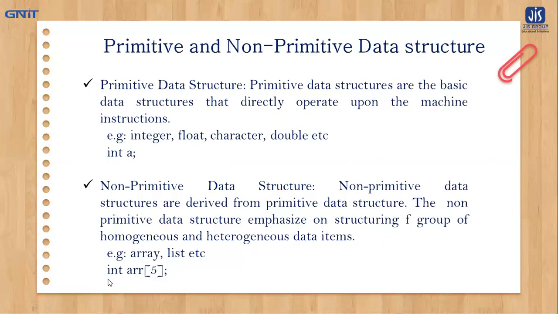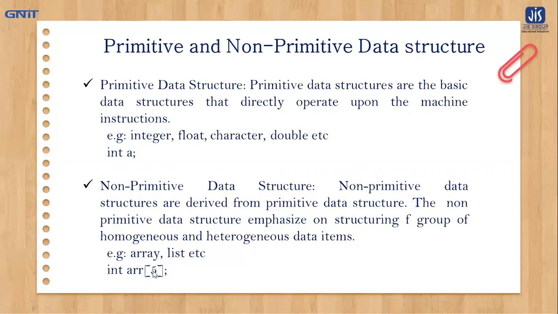Suppose it is an integer type of array, as an array can store similar kind of data, and we have taken int array[5], which means this array can store 5 elements. That is the size of the array, which can store 5 integer values, because an array can store homogeneous data.